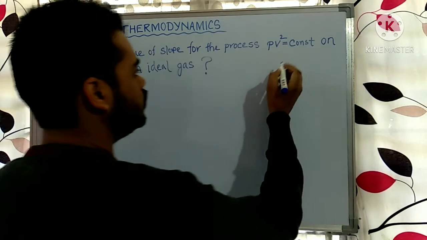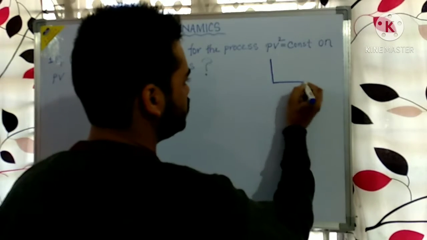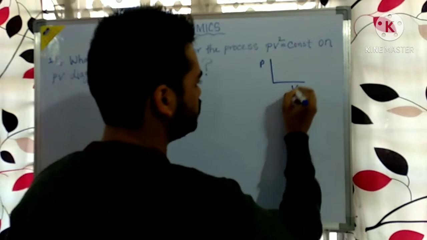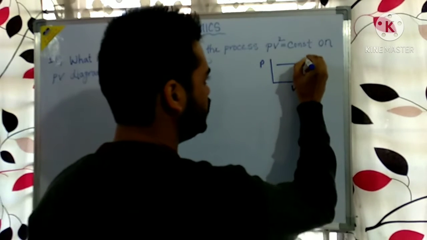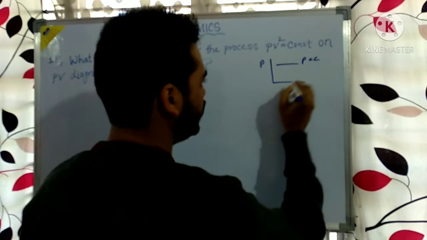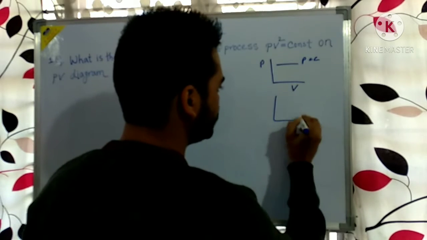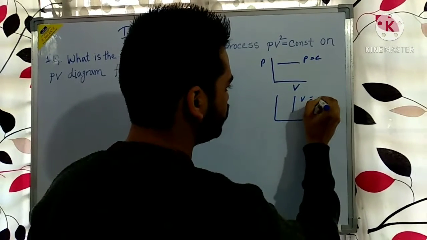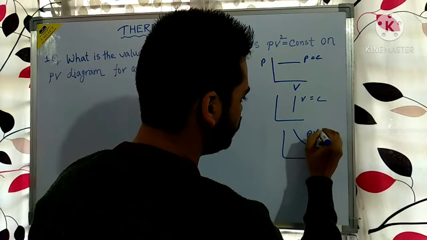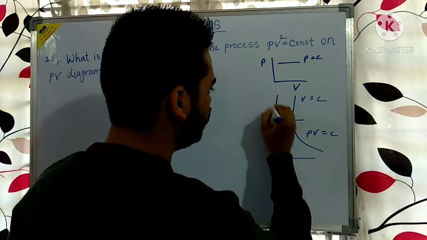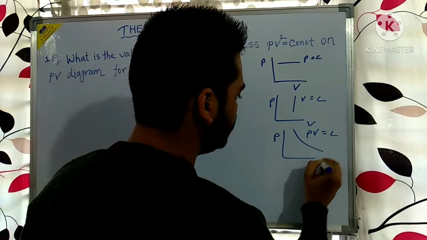Okay, so if we see a PV diagram, suppose this is P, this is V, this is known as isobaric process. So here P is equal to constant, and in this process V is equal to constant, and in this process PV is equal to constant, right? These all are PV diagrams.